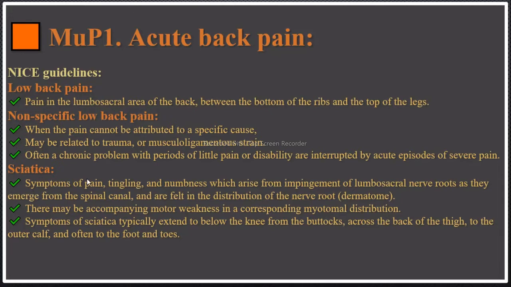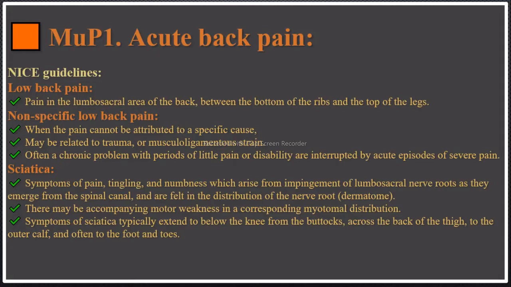Symptoms of pain, tingling, numbness arise from impingement of lumbosacral nerve roots as they emerge from the spinal canal and are felt in the distribution of the nerve root, the dermatome. So the patient has impingement of the nerve roots, not the spinal cord.